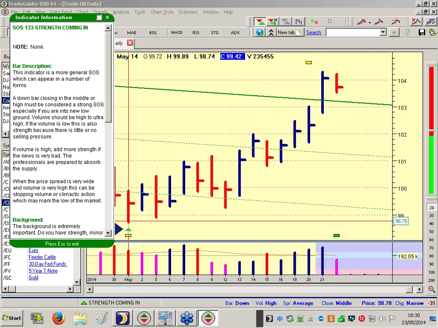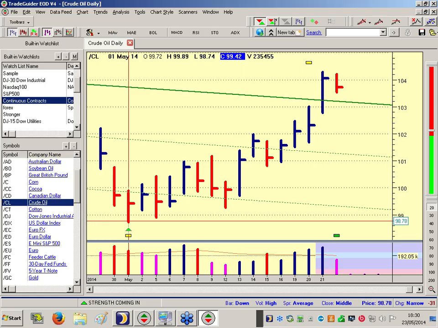What did I say? Strength coming in. It's funny, these automatic signals. Although you may get a few that may mislead you in certain charts, it's unusual if it hasn't picked the bottom one or even the top. Look.